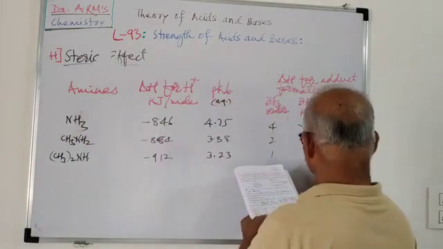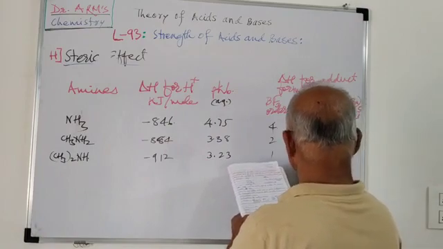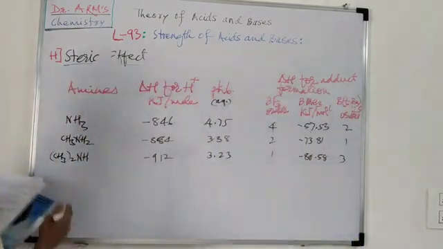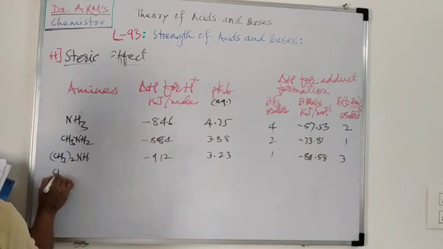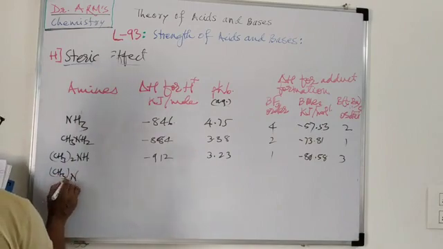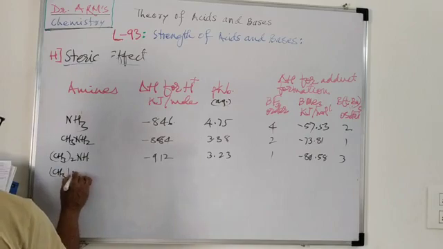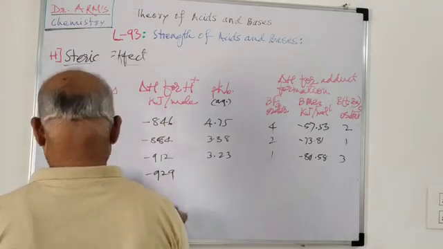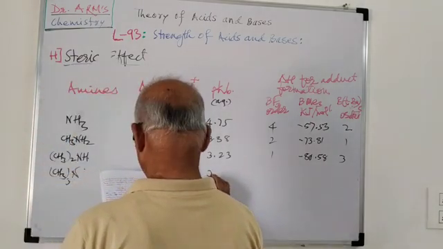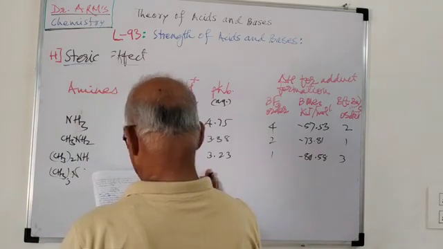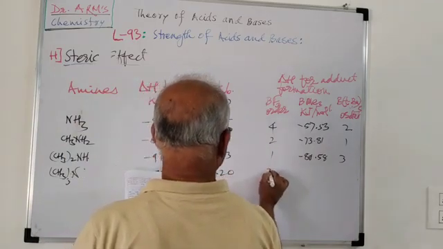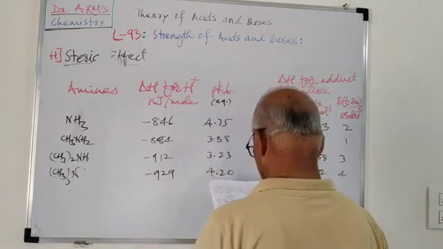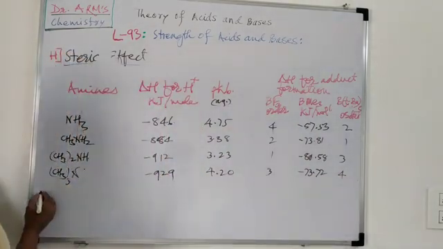First order means it is minus 80.58, and it is order 3. Then (CH3)3N is minus 929, third, 4.20. It is 3, minus 73.724.